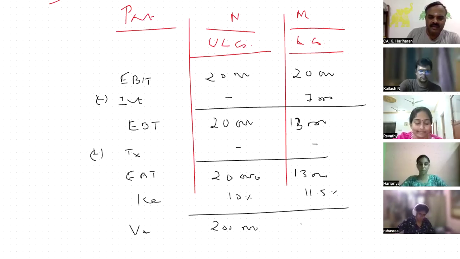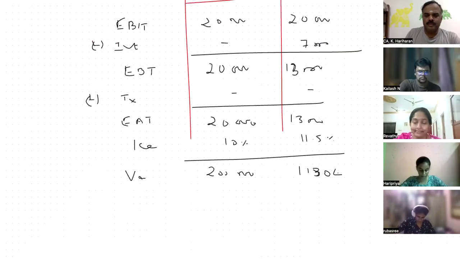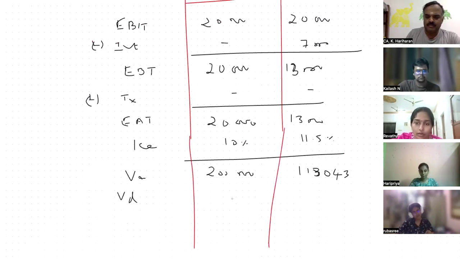Add value of debt, which is 1 lakh for M. So value of the firm is 2 lakhs for N and 2,13,043 for M.